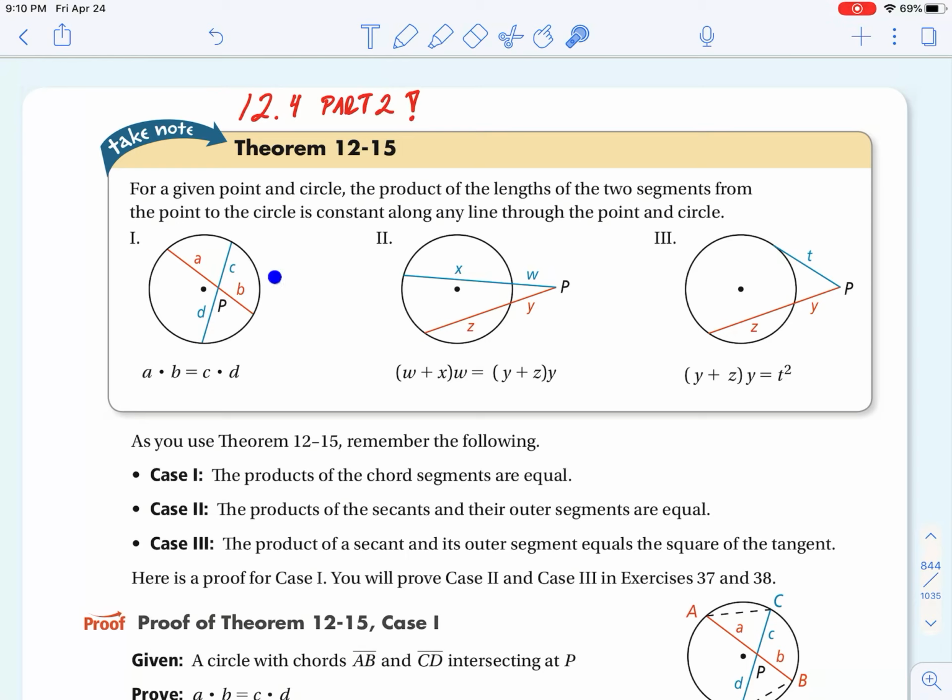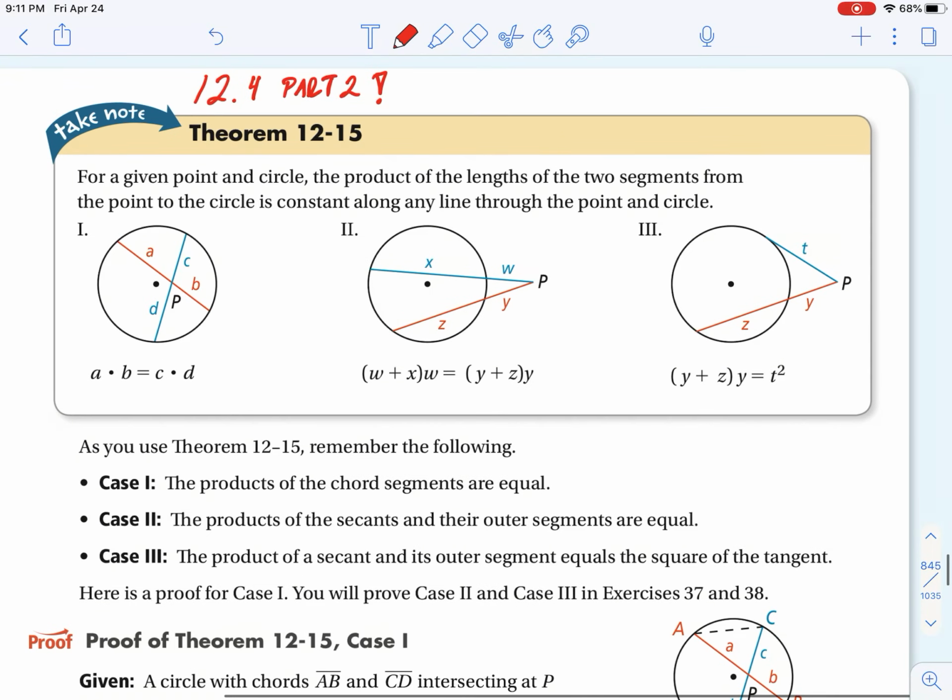All right, so this is all in terms of measurement now, not in terms of arc length or angle measurement. So this is all the length of the line, or the chord or the secant or the tangent, however you want to call it. Okay, so in this theorem, take a look. In case 1 here, what we have is so simple.